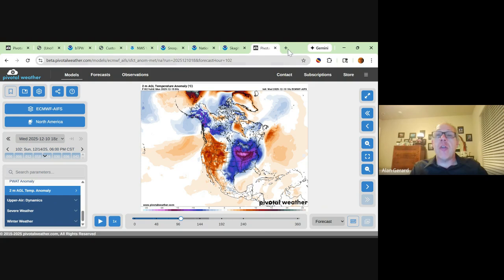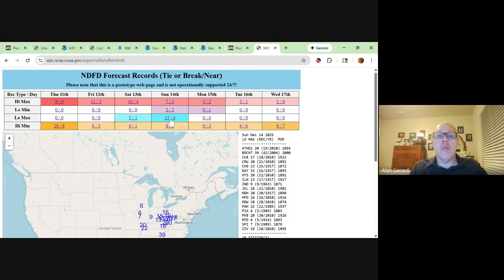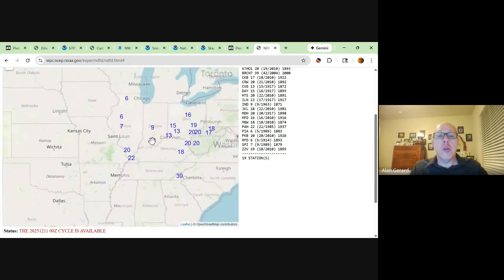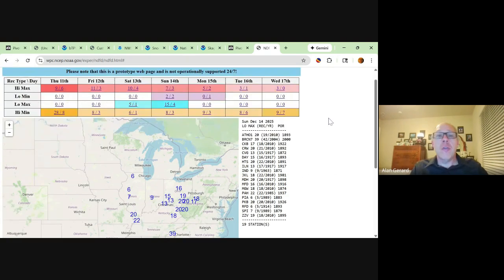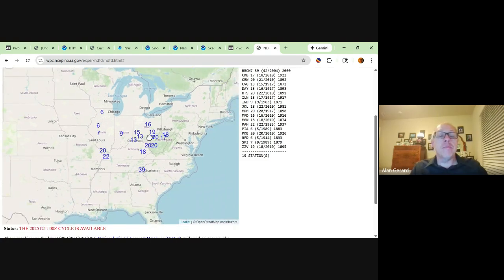And that's the area where, if we look at the forecast record temperatures, this graphic produced by the National Weather Service Weather Prediction Center, this is the forecast for Sunday morning, that once again, as we saw about a week ago, we're looking at the potential for widespread record low temperatures across parts of the lower Great Lakes and the Ohio Valley region. So looks like another wave of particularly cold weather for the central and eastern United States this weekend.